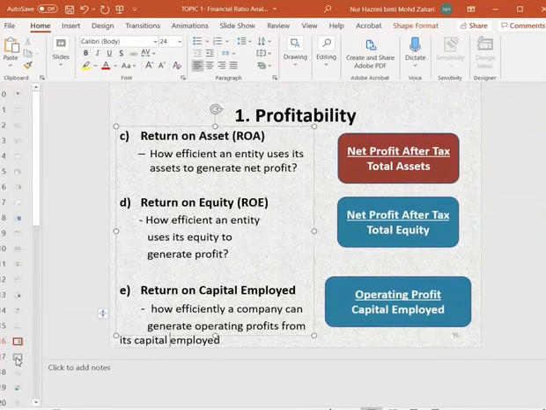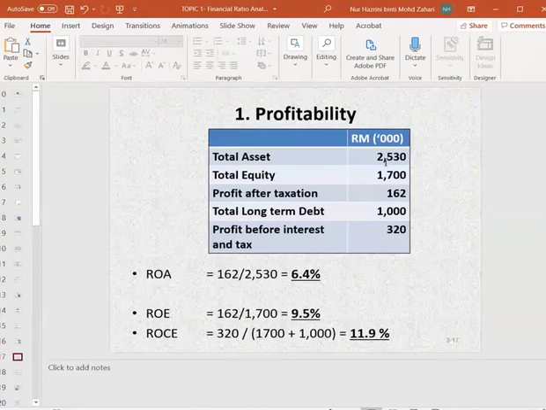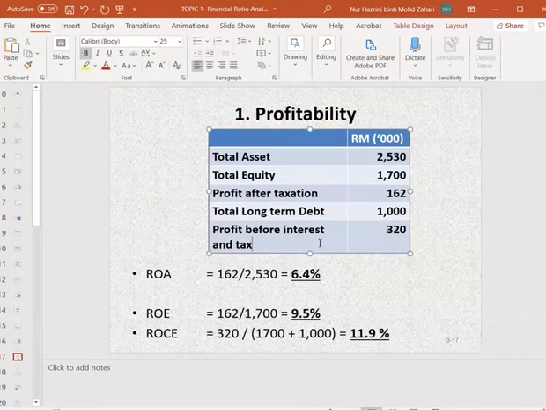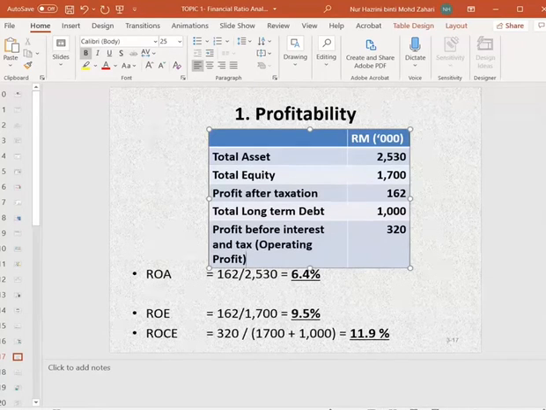So this is our example. We have total asset, total equity, profit after tax, long-term debt, and profit before interest and tax. Profit before interest and tax is our operating profit.